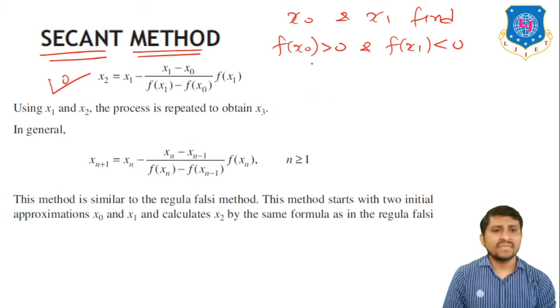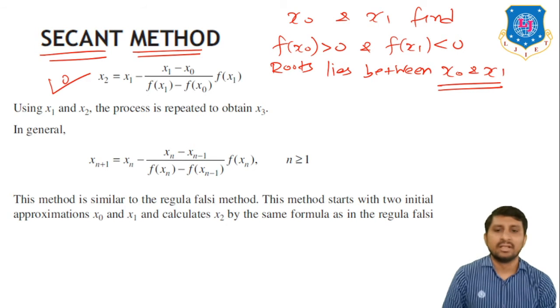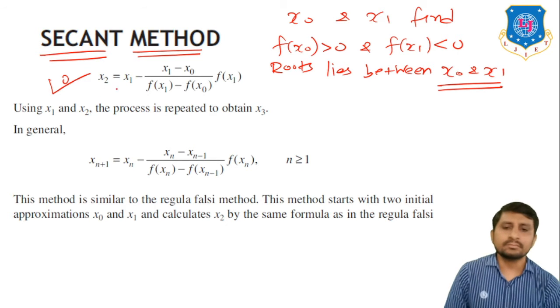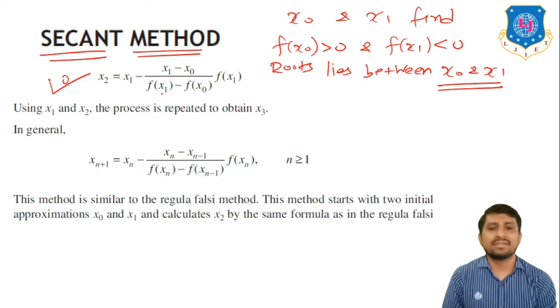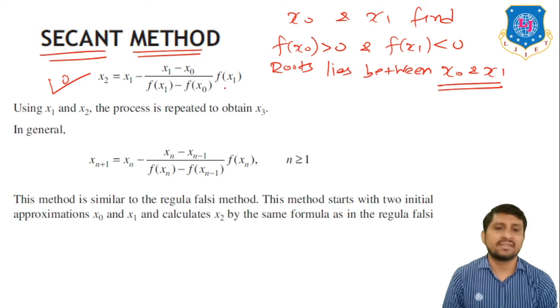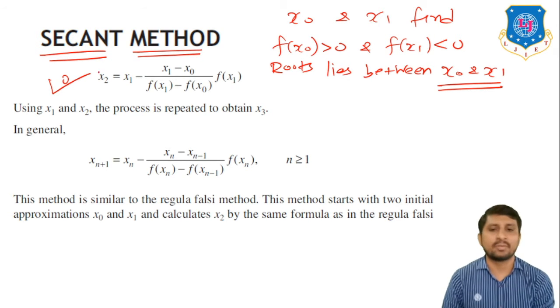So your root lies between x0 and x1. Then x2 is equal to x1 minus (x1 minus x0) upon (f of x1 minus f of x0) into f of x1. This is the formula for the secant method.